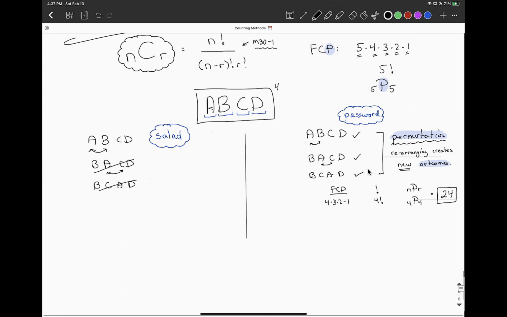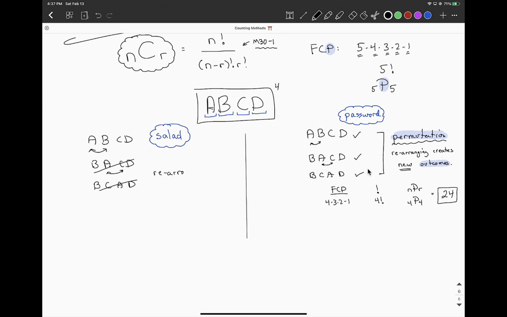And we create a story where quite literally rearranging, the polar opposite, a complement, does not create new outcomes. And if rearranging seems to be completely futile, a waste of time in the story we've created, well, my friends, you are working on a combination question.